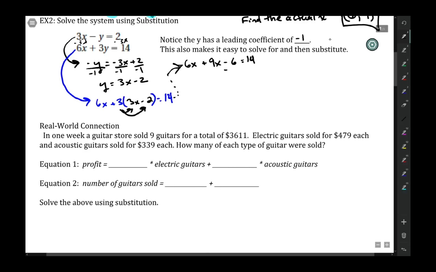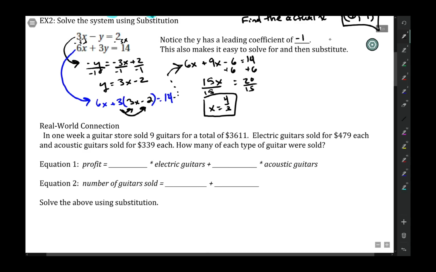Be careful. Again, most of the time, the little mistakes will come from distributing. 15x equals 20. Divide by 15. x then equals 4/3. Leave as a fraction. That will actually help you.